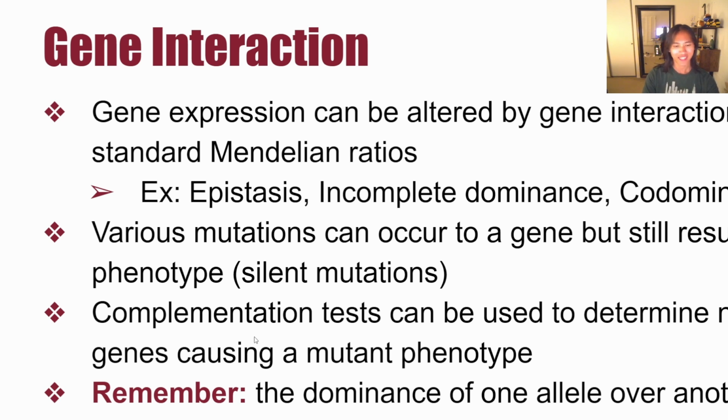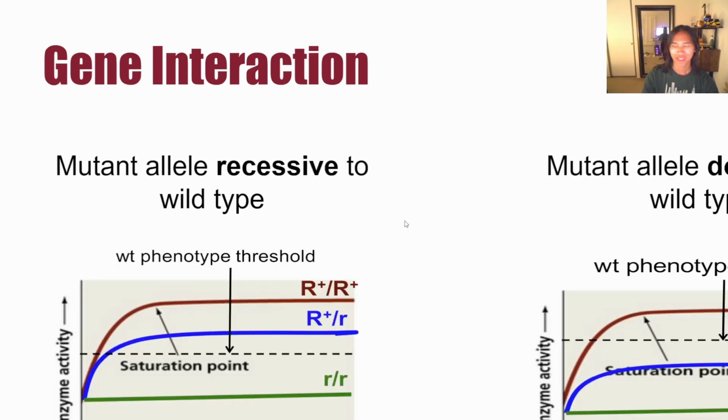Please remember that the dominance of one allele over another is also determined by protein products because they are eventually the end result of the DNA transcript, and they are what makes up the body and its cells and all of its proteins. Now, if we look at the chart to our left, this represents mutant alleles recessive to the wild type.